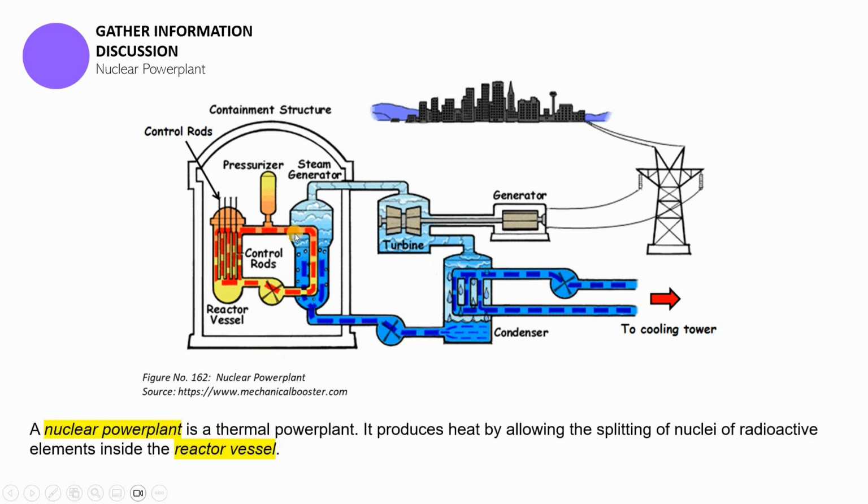A nuclear power plant is obviously a thermal power plant. It is not a kinetic power plant. It produces thermal energy by allowing the splitting of the nuclei of a radioactive element inside the reactor vessel.